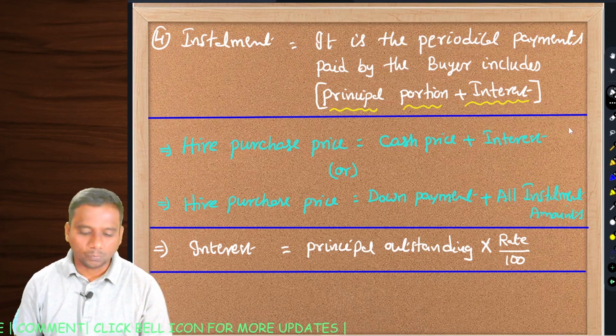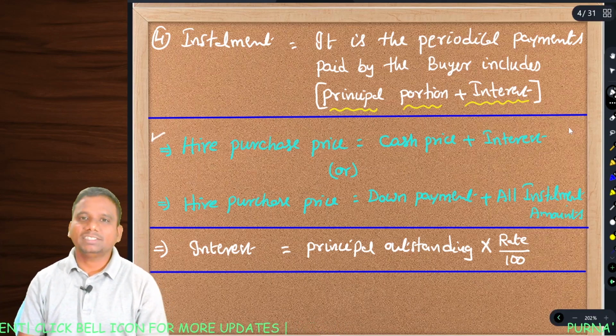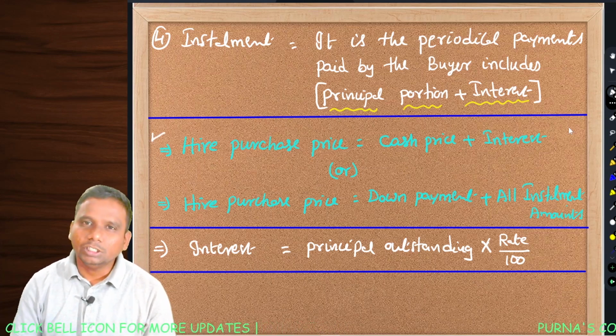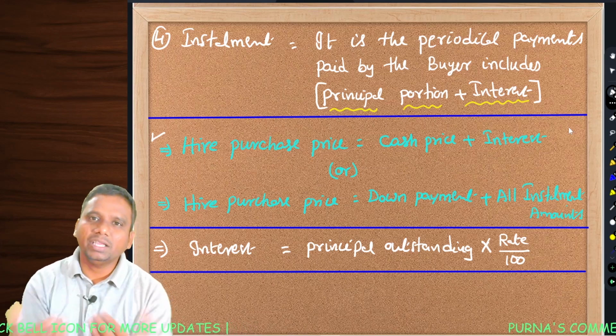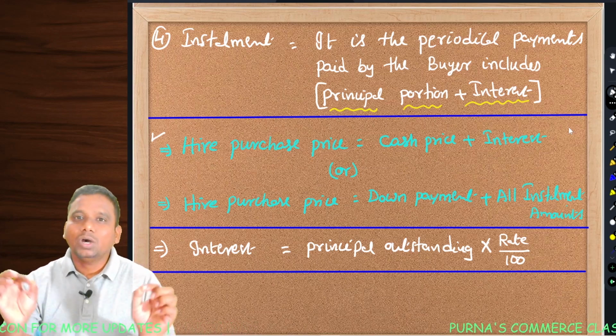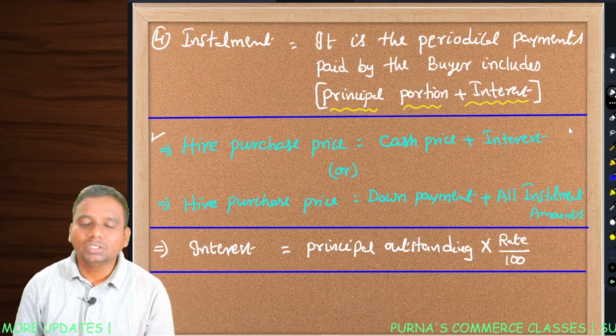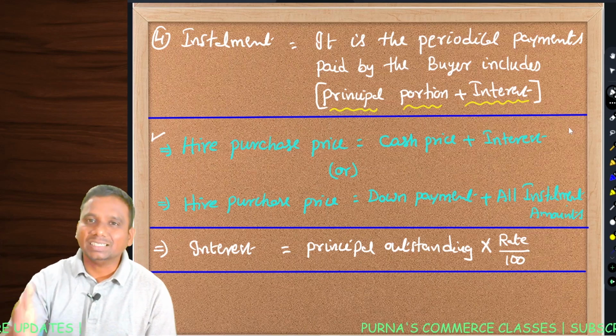Okay students, now come to this concept, hire purchase price. Cash price means what? If you buy the asset by paying the full amount, then it is the cash price. But you are not paying full cash, you are paying the amount in installments. This installment includes interest.